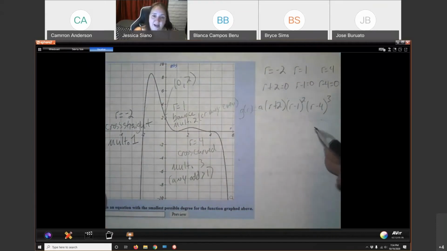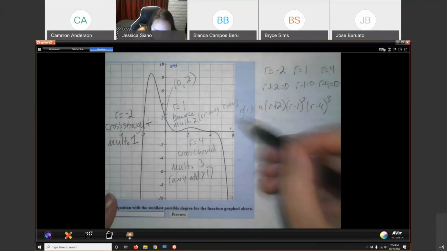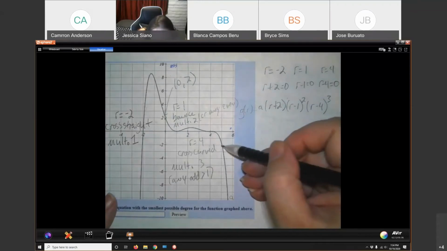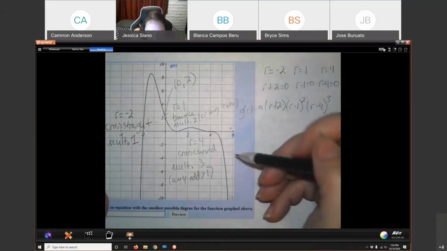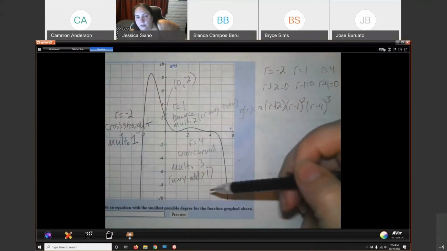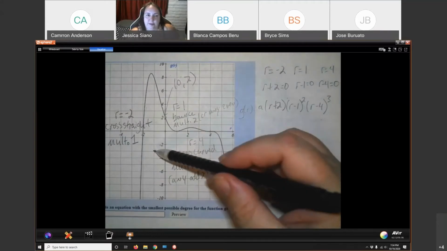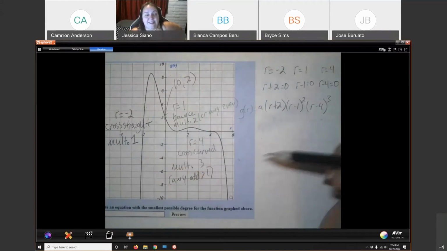So let's plug that in. Now, keep in mind, you can plug in any good point. So like, see how it goes through right here? You can use that. Well, I can't tell if it goes exactly through here. But if you see any good lattice point, you can use it as long as it's not an intercept. Okay, as long as it's not one of these 3 roots. I should say as long as it's not an x-intercept.